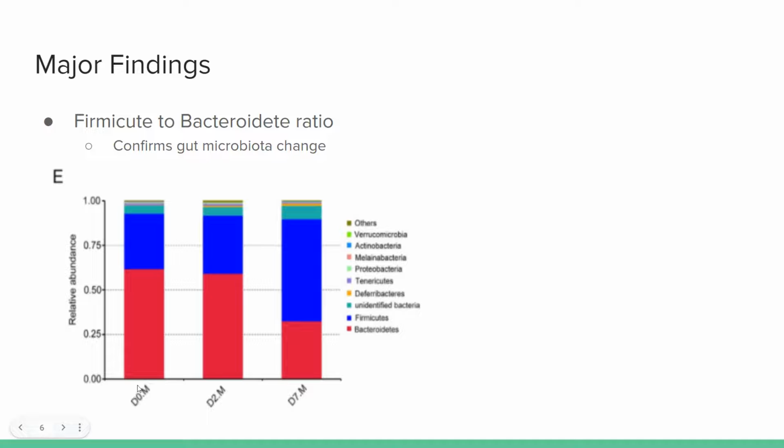This is directly after being injected. Firmicutes are blue and bacteroidetes are red. This is 2 days after being injected, and this is 7 days. So you can see a significant increase in the amount of firmicutes on day 7 compared to directly after and day 2. This confirms a composition change in the gut microbiota of the mice.